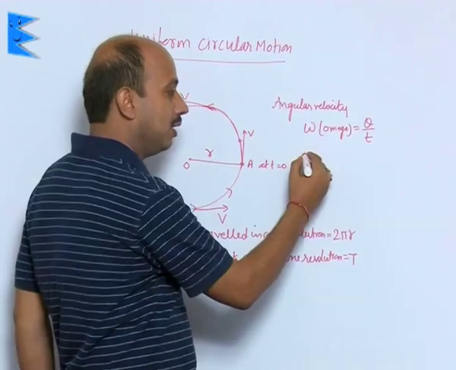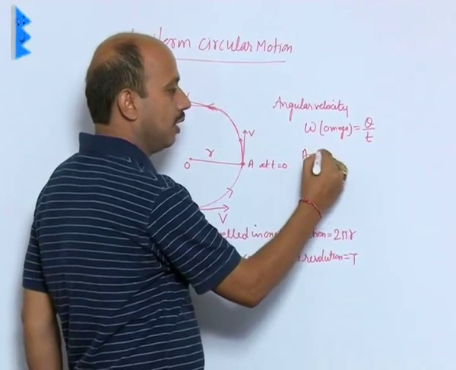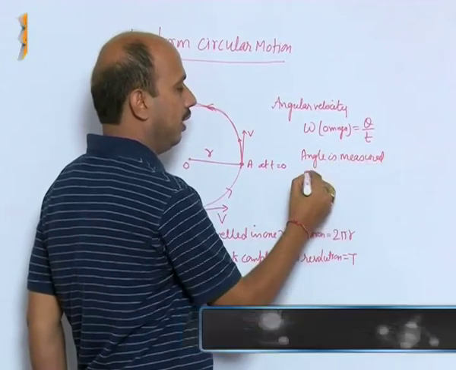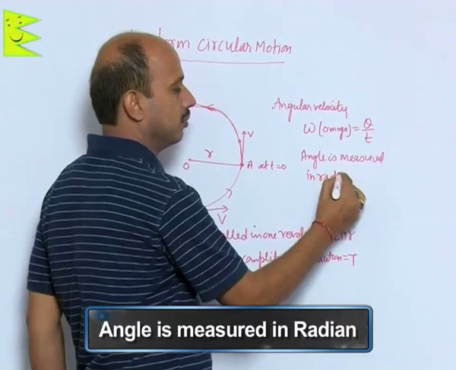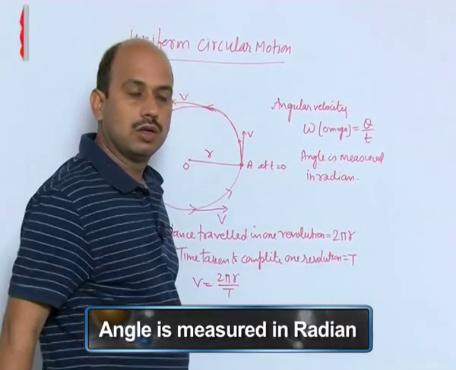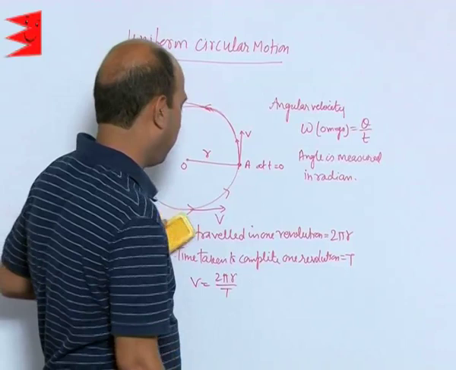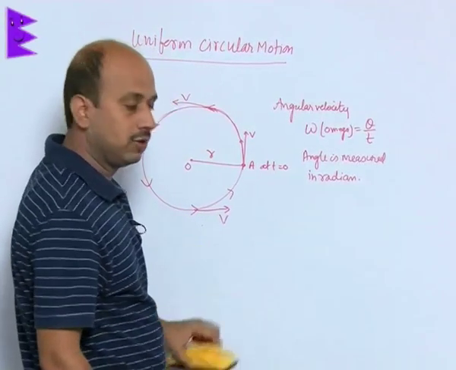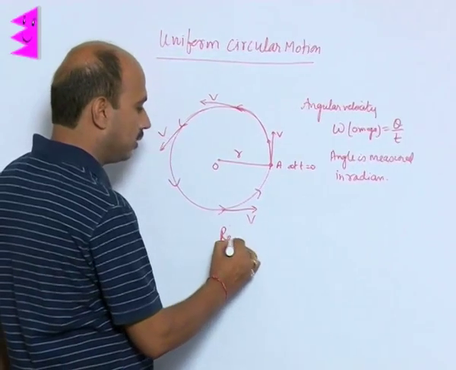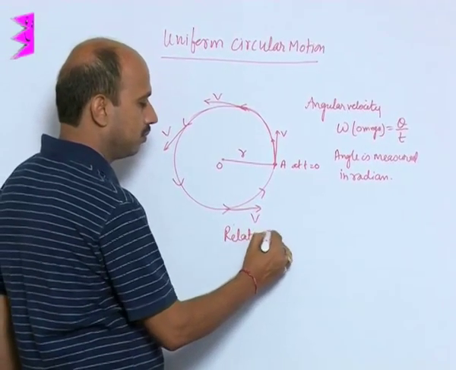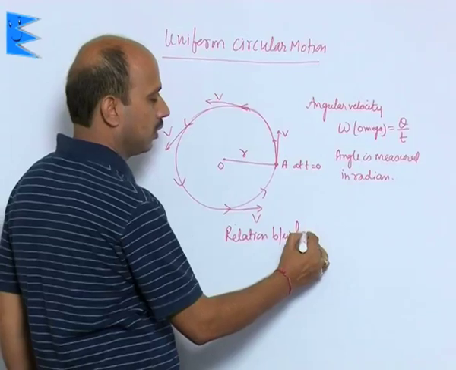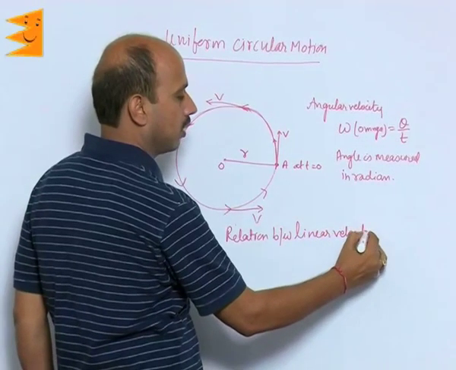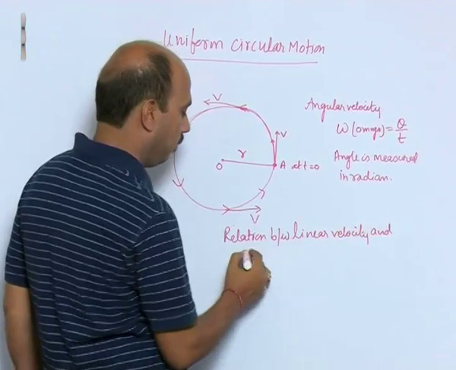Here we measure angle in radian. So this is about angular velocity, and v is known as linear velocity. So we can also write a relation between linear velocity and angular velocity.